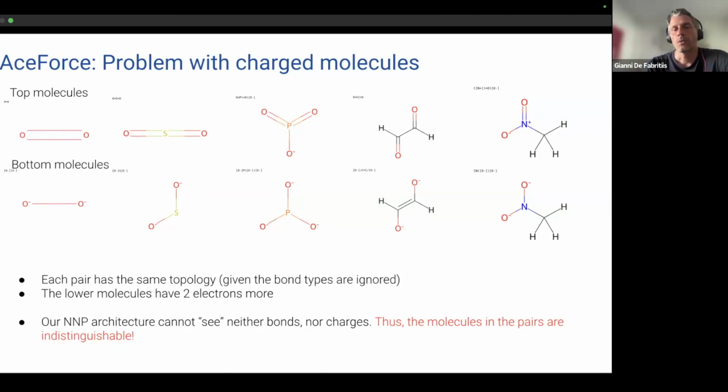And you know what happens then? The energies of the top and bottom molecules here are totally different quantum mechanically because of the charges, and the configuration is different. But there is no way for the neural network potential to distinguish them, because we don't provide the total charge or the spin as an input.